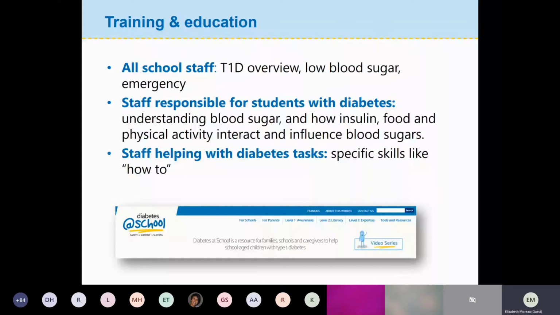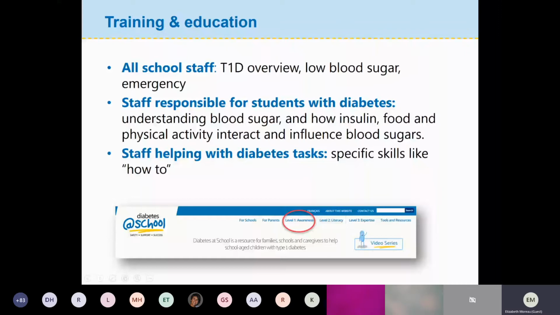So think about what kind of contact a given teacher or staff member has with your child, what the context is, and then what they need to know. The information can also be used for bus drivers and for before and after school staff. By the way, if you have a babysitter, this is the kind of information you can share with them as well. So these are just the 3 levels down there.